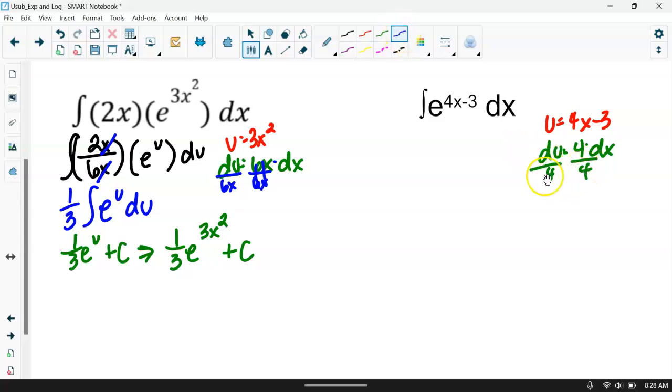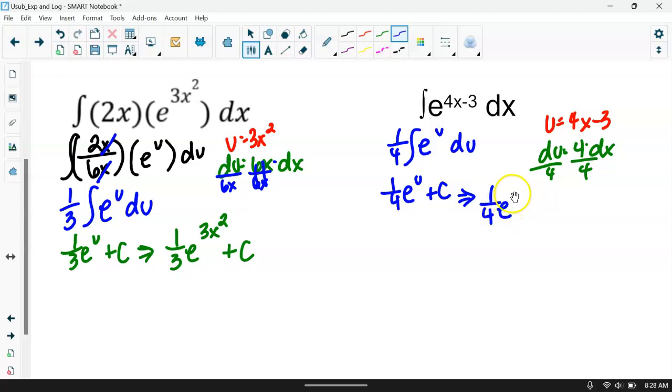So this is 1/4 times du. So 1/4 times e to the u du. Then again, this is 1/4 times e to the u plus c, which means our integral here is 1/4 e to the 4x minus 3 plus c.